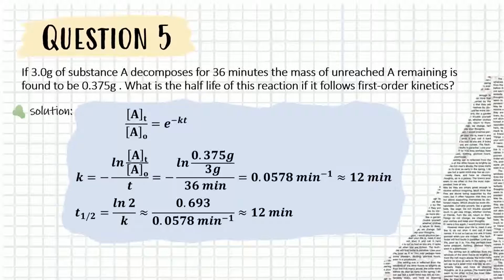Then we use the half-life equation for first-order kinetics, which is t half equal to ln 2 over k. And then we substitute the value, we got around 12 minutes, more accurately 11.98961, or around 12 minutes.